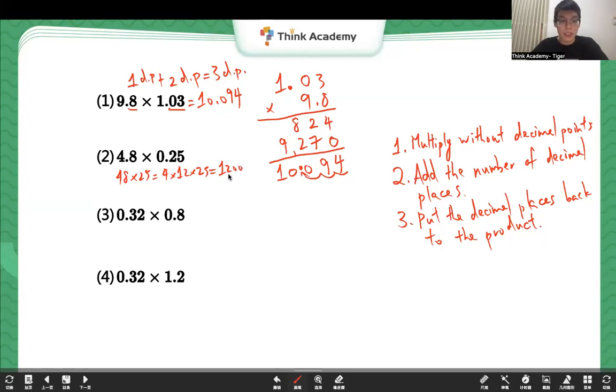Yeah, that's right. So then the next step, we add the number of decimal places. I have got 1 decimal place here, I have got 2 decimal places here. Altogether, that's 3 decimal places. So 3 decimal places, 1, 2, 3, that's where we put it. So the answer is going to be 1.2.